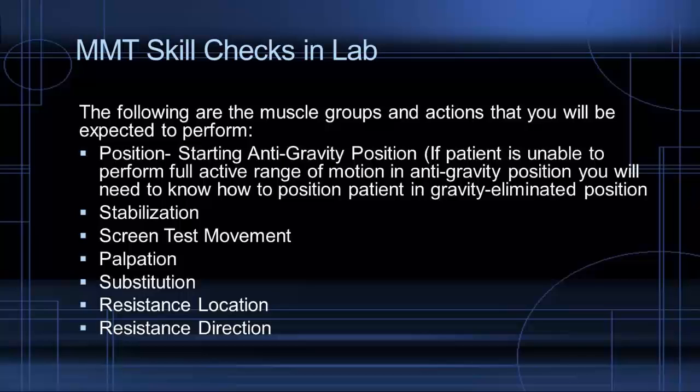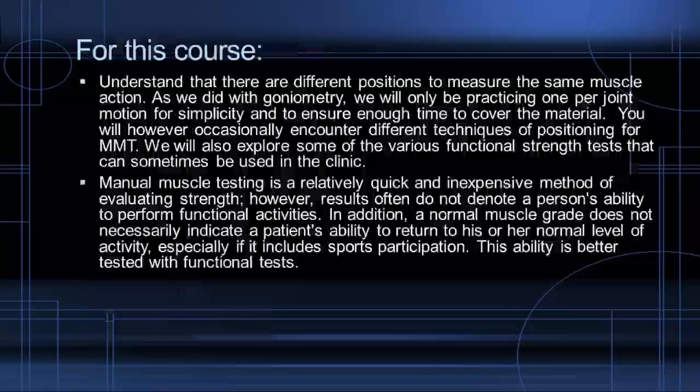You need to know the proper way to stabilize them, how to do the screen test movement to test if they have at least a 3, how to palpate the muscles, identify any substitutions that they might do, where to put resistance, and the direction to put resistance.